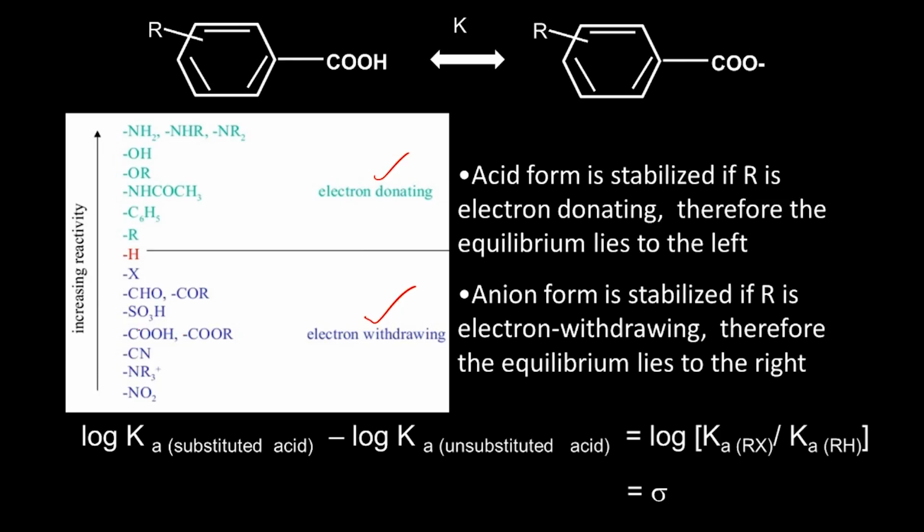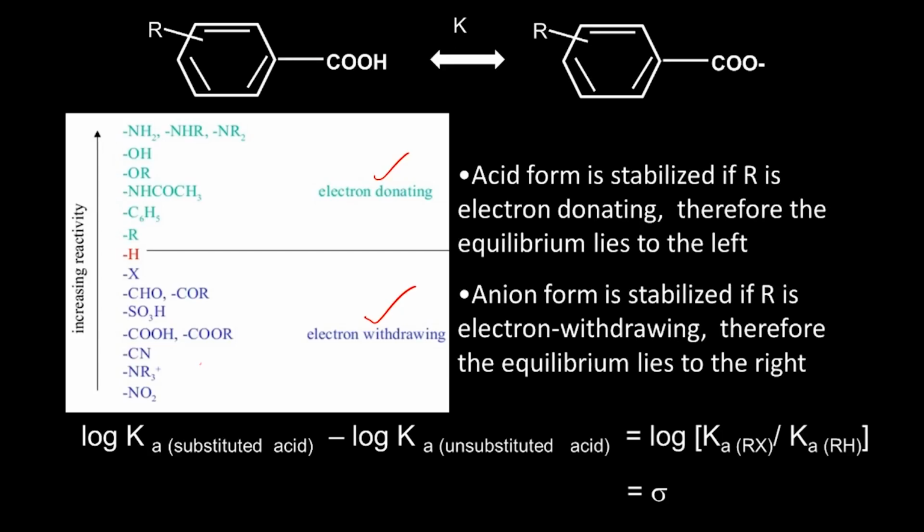If the electron is withdrawn, like X and so on, you get the anion, whereas the acid form is favored when you have electron donation from groups like OR, CH3, OH and so on. If the anion form is stabilized, you are going to have a large K. If the acid form is stabilized, you are going to have a small K.